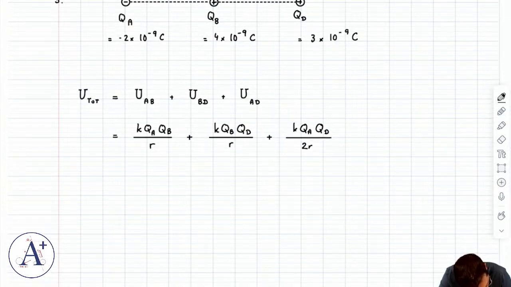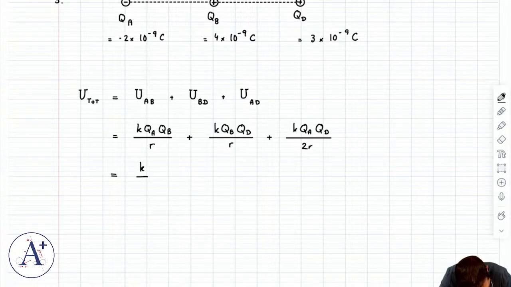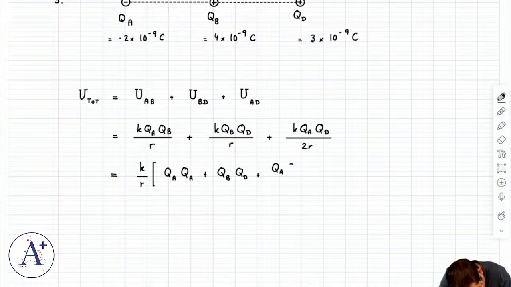All right, so what's the smartest way to do this? We just factor everything out. So we can say it's K over R times QA, QB plus QB, QD plus QA, QD over 2.